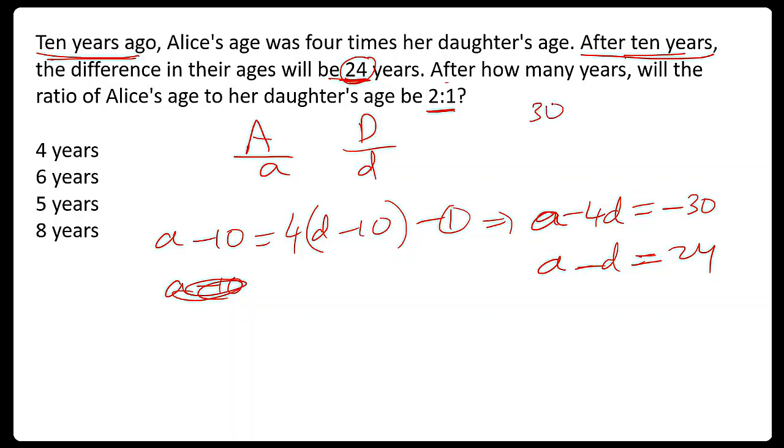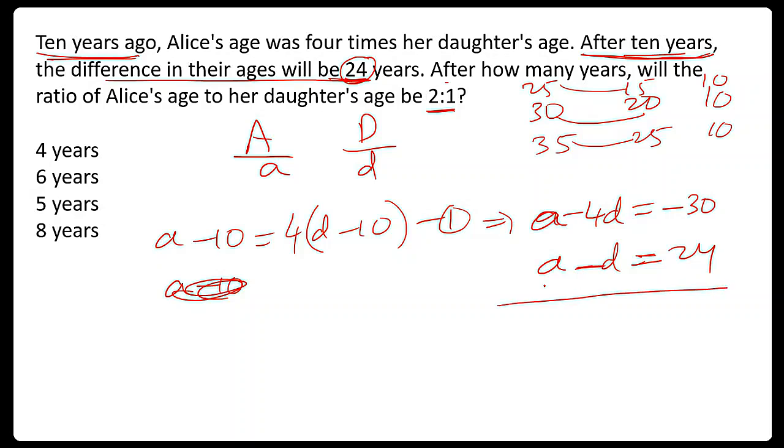If I am 30 and you are 20, the difference is 10. After 5 years, I'll be 35, you will be 25, the difference remains the same. 5 years ago, I was 25, you were 15, the difference is the same. So the difference between two persons' ages at any point of time remains the same. Therefore, today also the difference between their ages is 24.